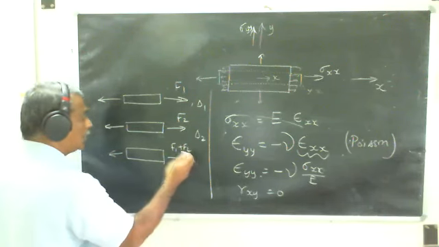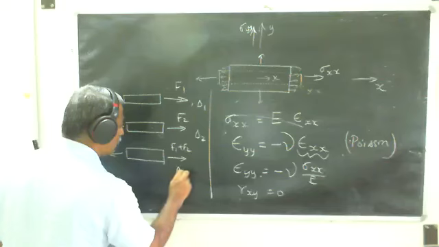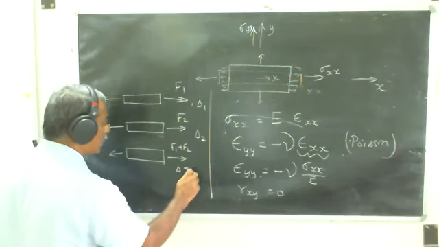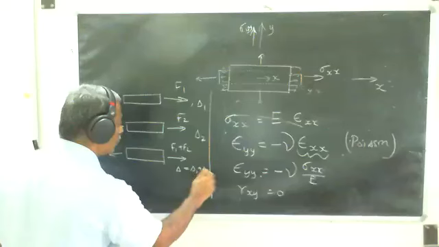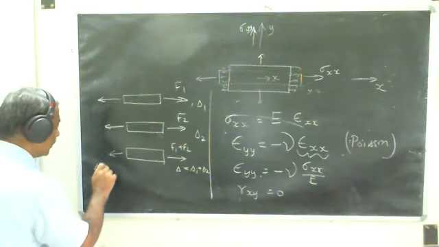then I would get the total deflection here to be equal to delta 1 plus delta 2 for a linear elastic material.